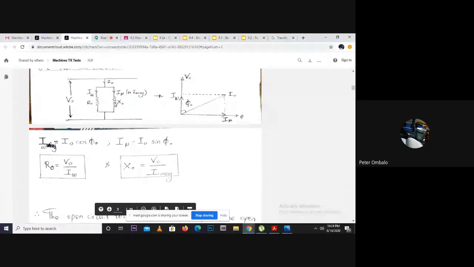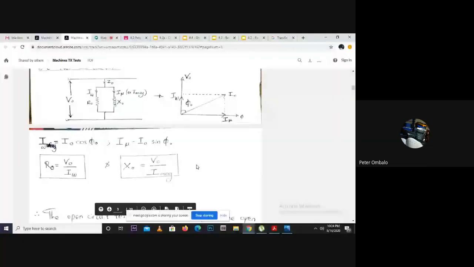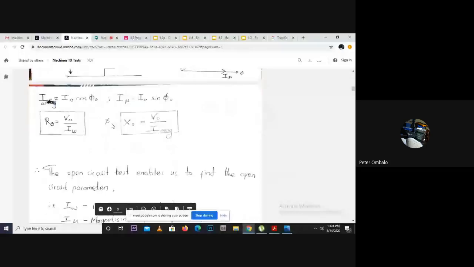So R naught here will be V naught over the current through R naught, which is IW. X naught will be again the voltage divided by the current, V naught over the magnetic component, the current of the magnetic component. Yeah, so these are the parameters of the open circuit test.